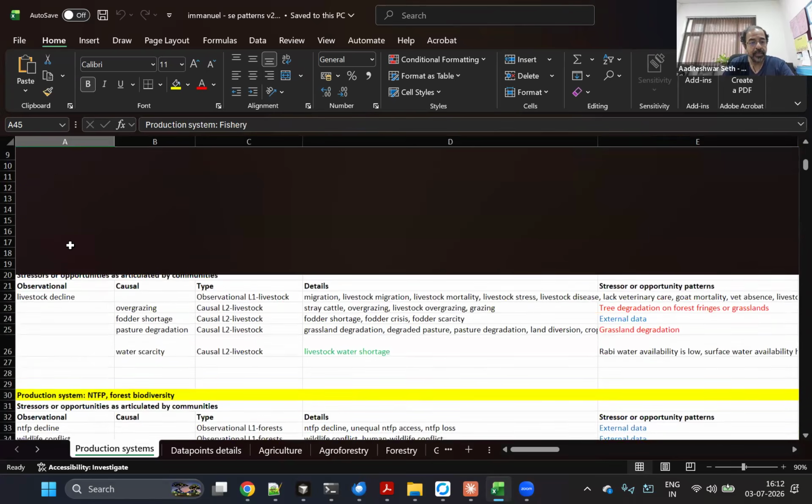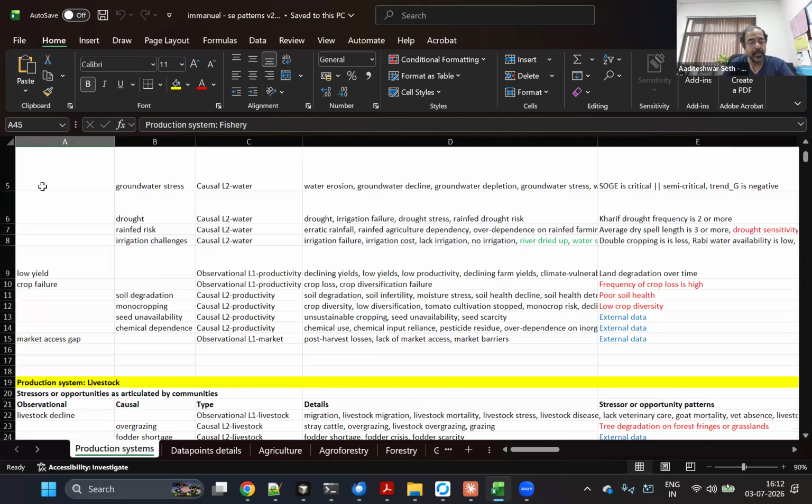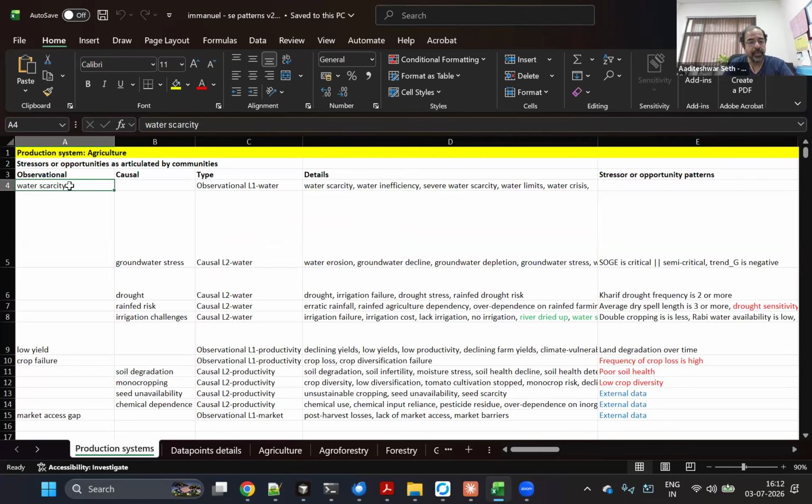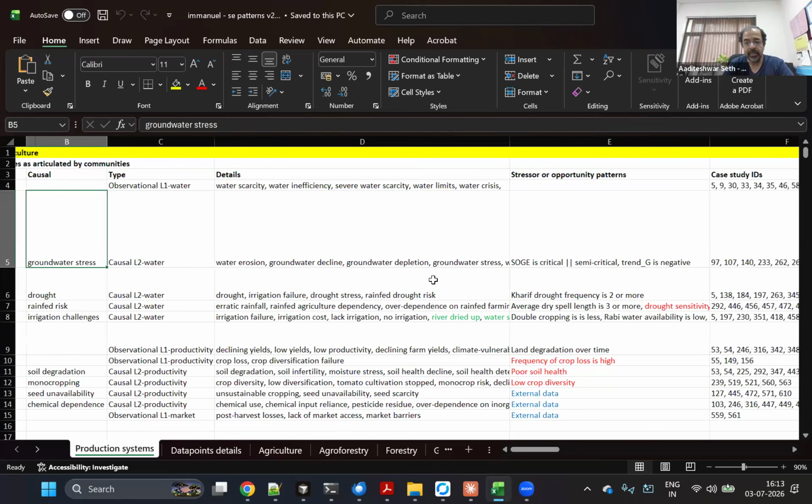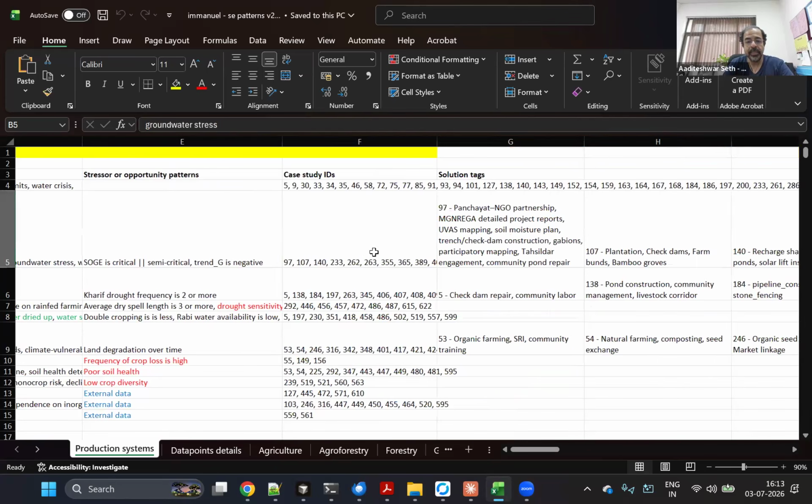These are all production systems, and within each system there are observed stresses. Water scarcity is a stress, which could be caused by groundwater, drought, rain-fed or irrigation challenges. For each of these, we had a long list of case studies.